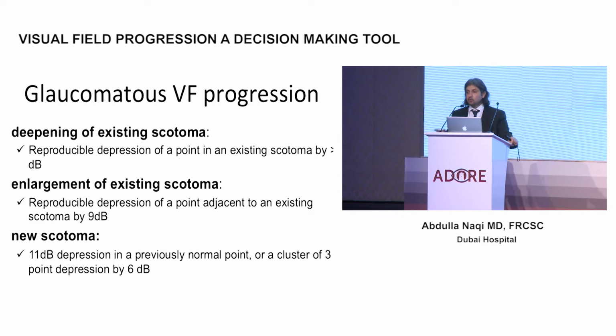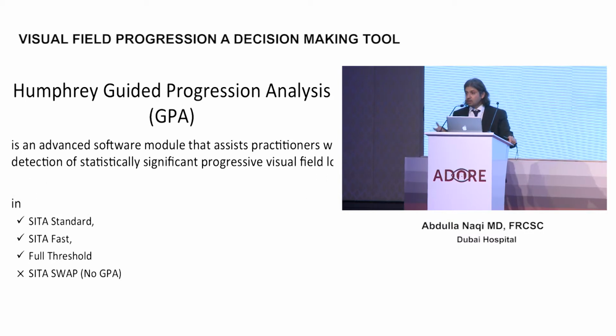It could be a single point depression of minus 11 decibels, or a cluster of 3 points of 6 decibels. So these are the things that you see at a glance. If you have them, you definitely have a progression, but you should also be looking at subtle things as well.